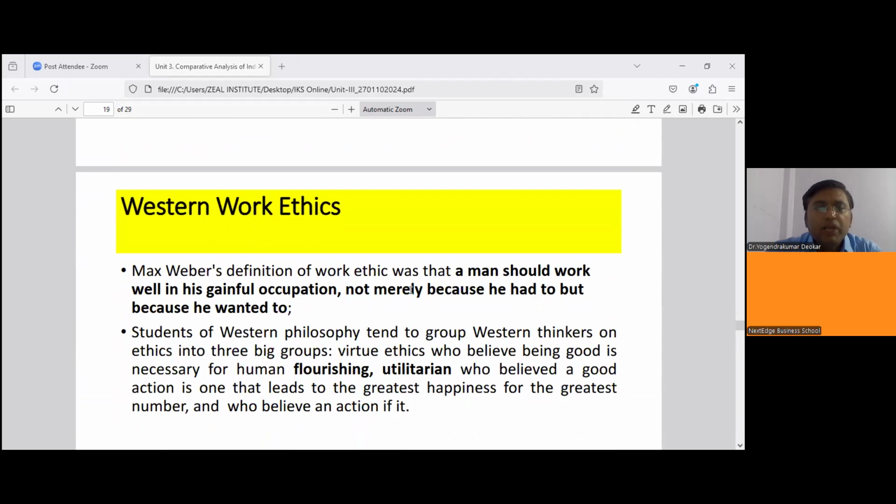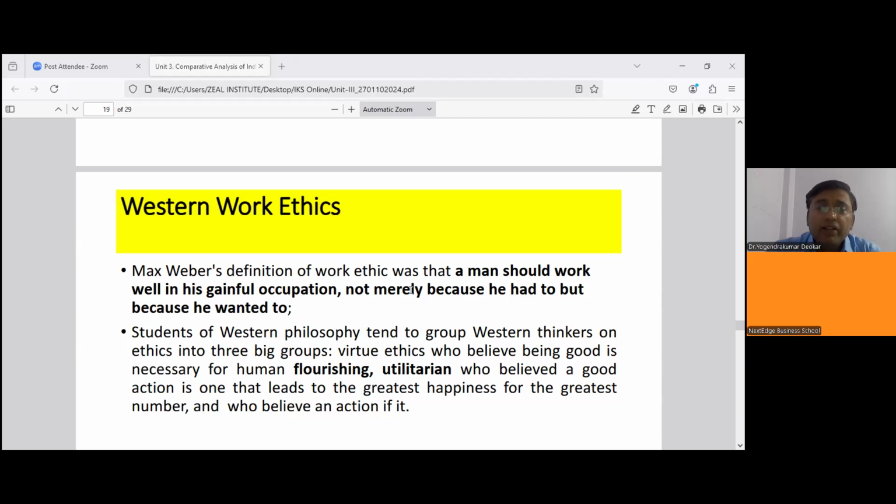Okay, Western management ethics. Western management ethics suggest that you should love your work as an occupation, not merely because you are getting a salary or bread and butter out of it. You should love that.